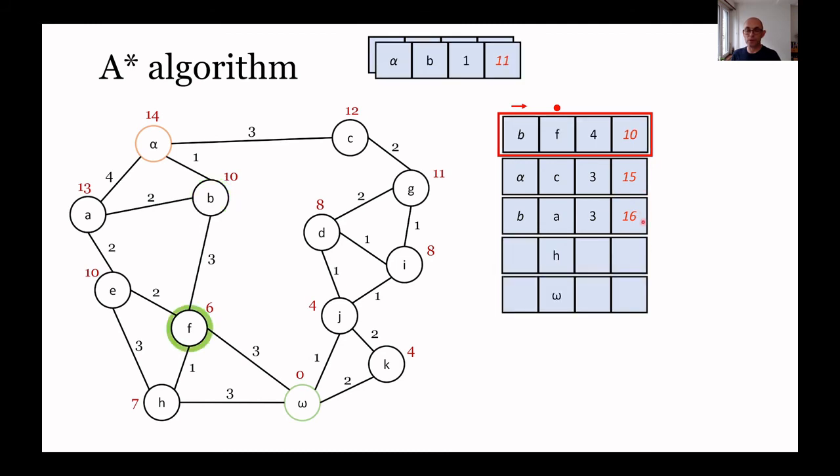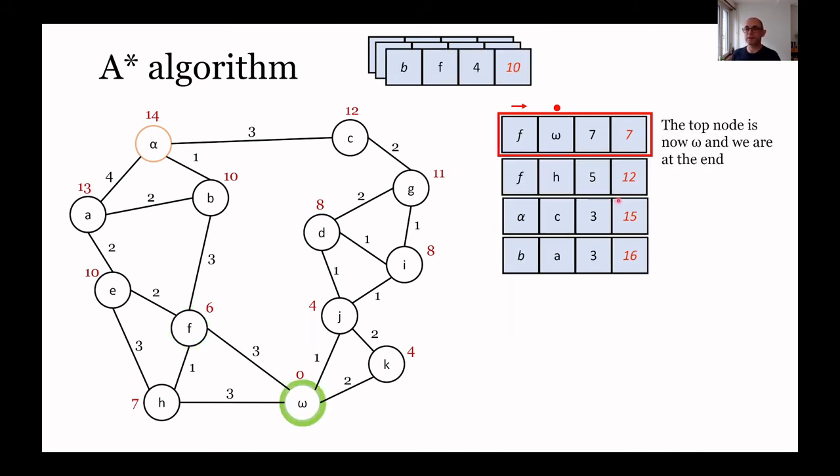So by reordering according to this right-hand column, F comes to the top directly. So now we can move down there, and then when we analyze F, we can see that omega turns up there. The cost of traveling through the network is 7, and the distance added to that is 0 because that's the final. So that just becomes 7 down there. And that gets us to the end very quickly.